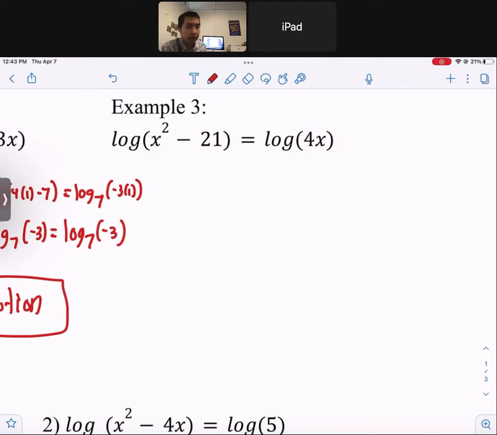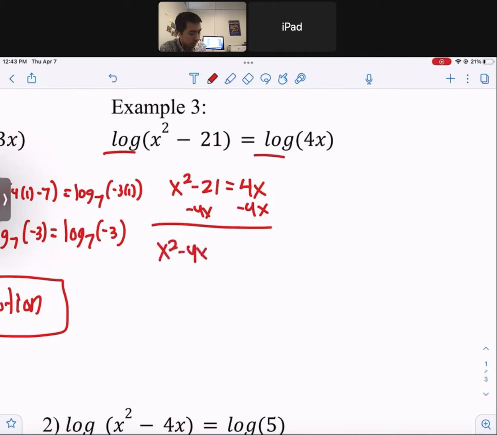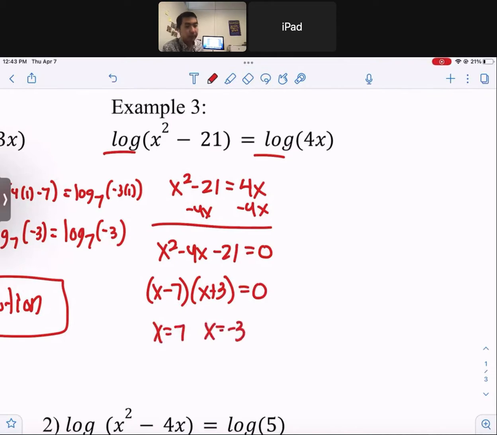Example 3. We have a log equals a log, so we get x squared minus 21 equals 4x. Since we're dealing with quadratics, we have to set the equation equal to 0, so I'm going to subtract 4x from both sides: x squared minus 4x minus 21 equals 0. Then we factor: x minus 7 times x plus 3 equals 0, so x equals 7 or x equals negative 3.